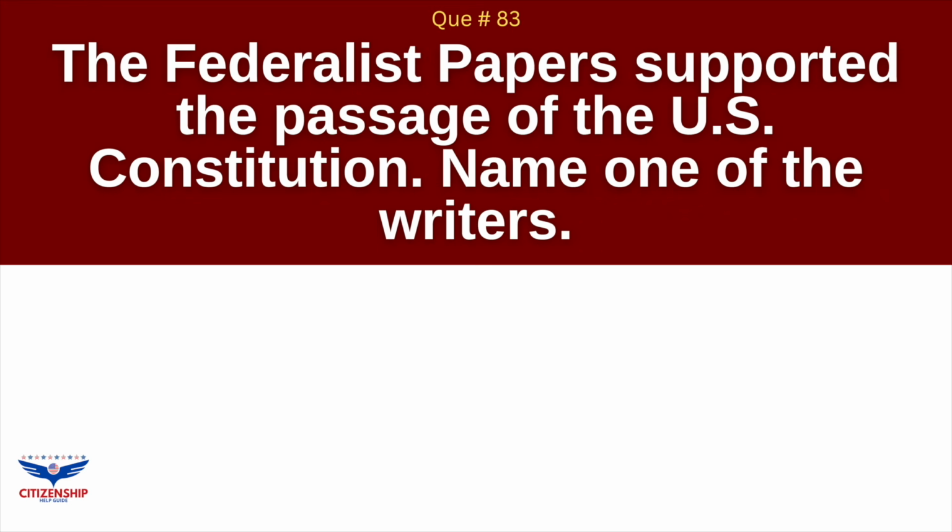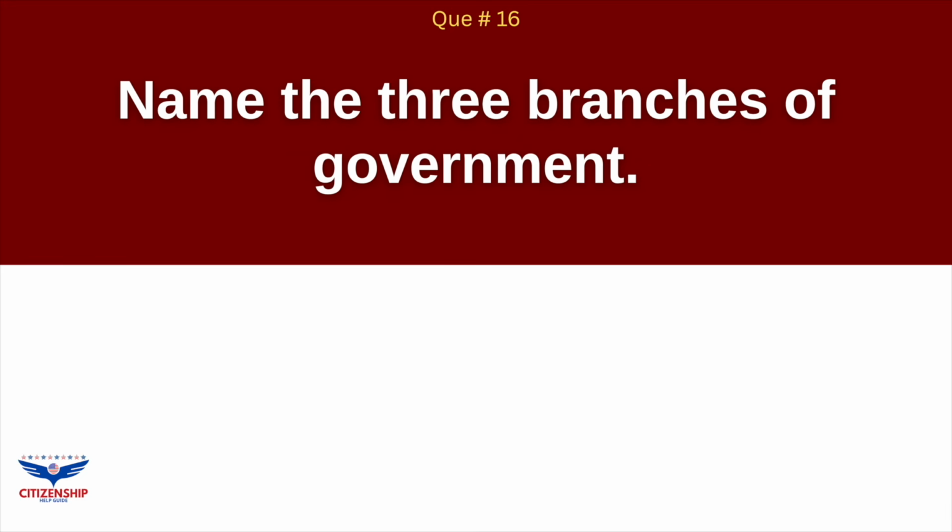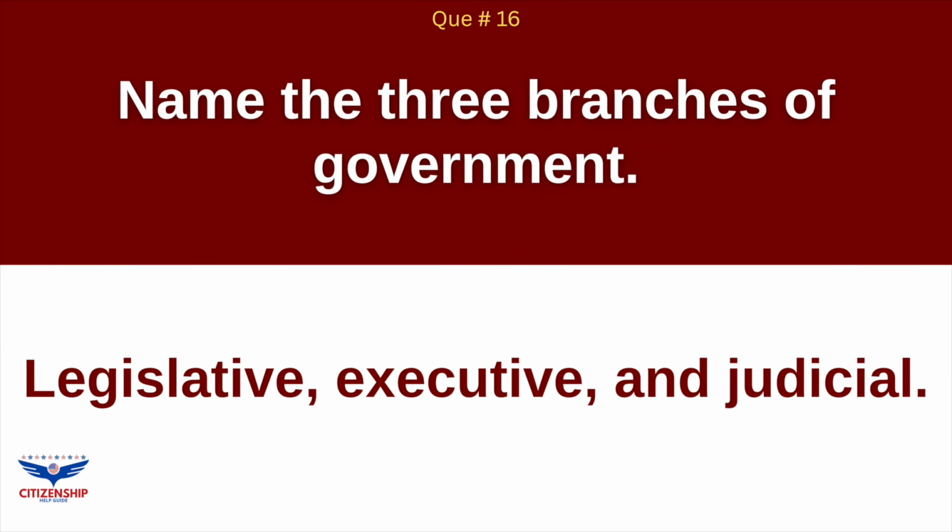The Federalist Papers supported the passage of the U.S. Constitution. Name one of the writers. James Madison. Name the three branches of government. Legislative, executive, and judicial.